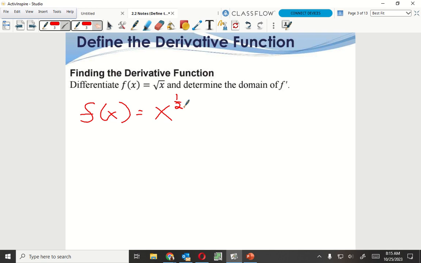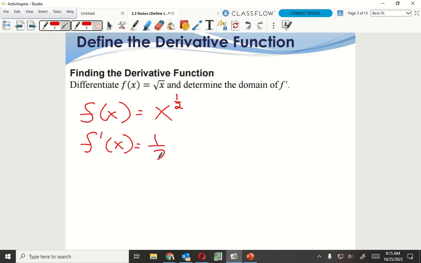So let's go ahead and do the math now. So from here, having my exponent as a fraction makes life a little bit easier. So now I could say f prime of x is equal to, what number is in front of the x? What is the number in front? 1. 1 times 1/2. 1/2 is? 1/2.